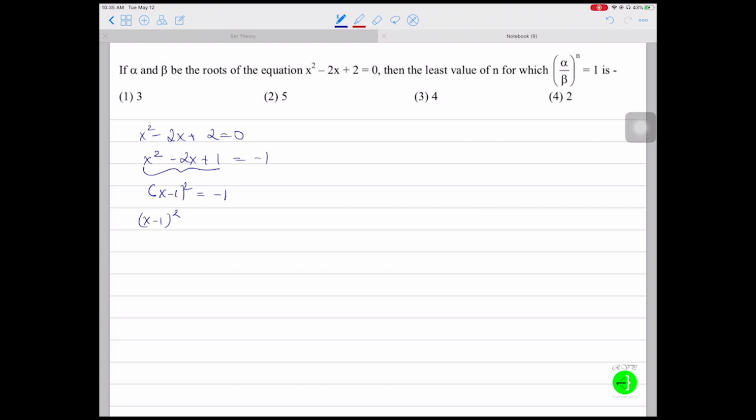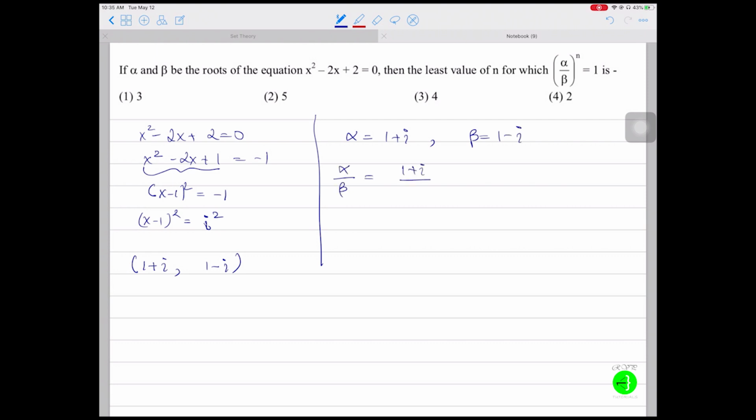So (x minus 1) whole squared equals negative 1, which is iota squared. So the roots would be 1 plus iota and 1 minus iota. So let's say that alpha equals 1 plus iota and beta equals 1 minus iota.